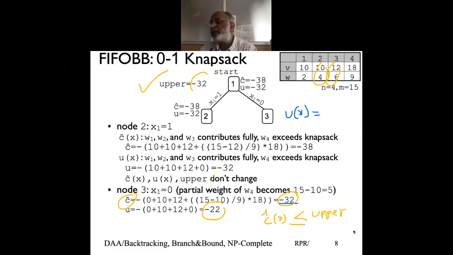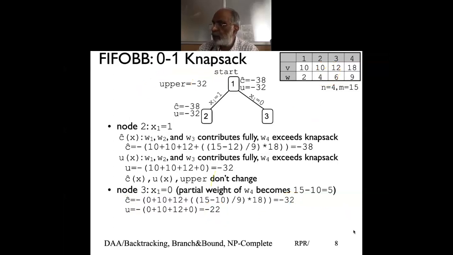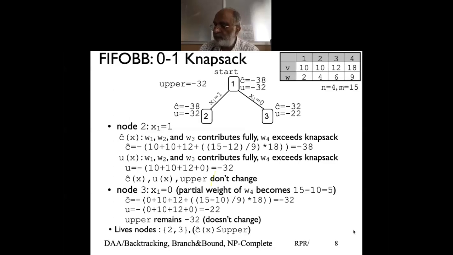Now my list of q becomes, if we look at both node 2 and node 3, we add both of them, and so the live nodes become both 2 and 3. Node 2 has the c hat of minus 38. That means if we explore this node, we are going to get a least cost of minus 38. But if I explore this node, I'll get a least cost of minus 32.